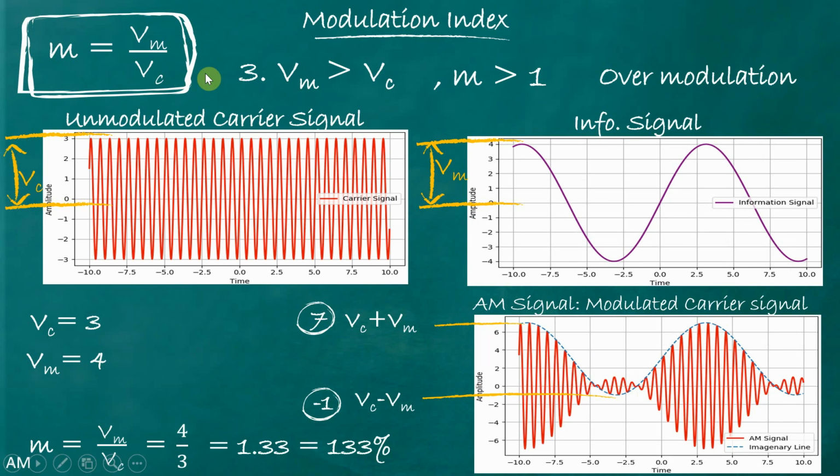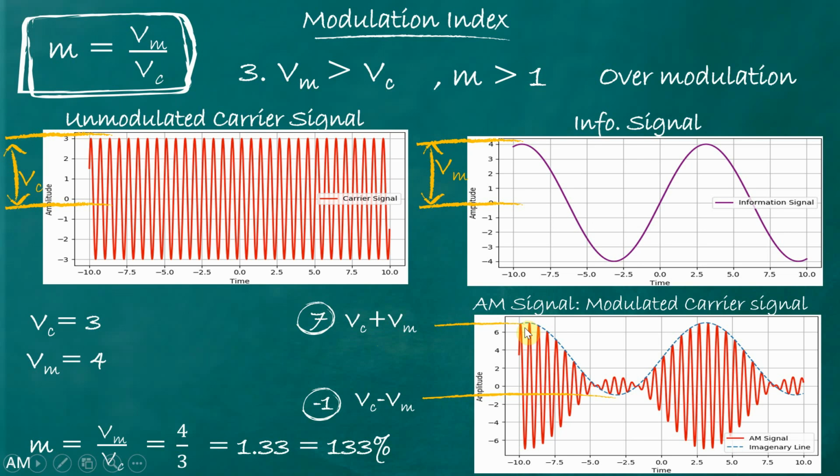Third case, if Vm is greater than Vc, meaning m greater than 1, it is known as over modulation. So we have to set Vm greater than Vc. Here we have set Vm as 4 volt, Vc as 3 volt. So the modulation index is greater than 1, 1.33. What should be the peaks of the envelope?